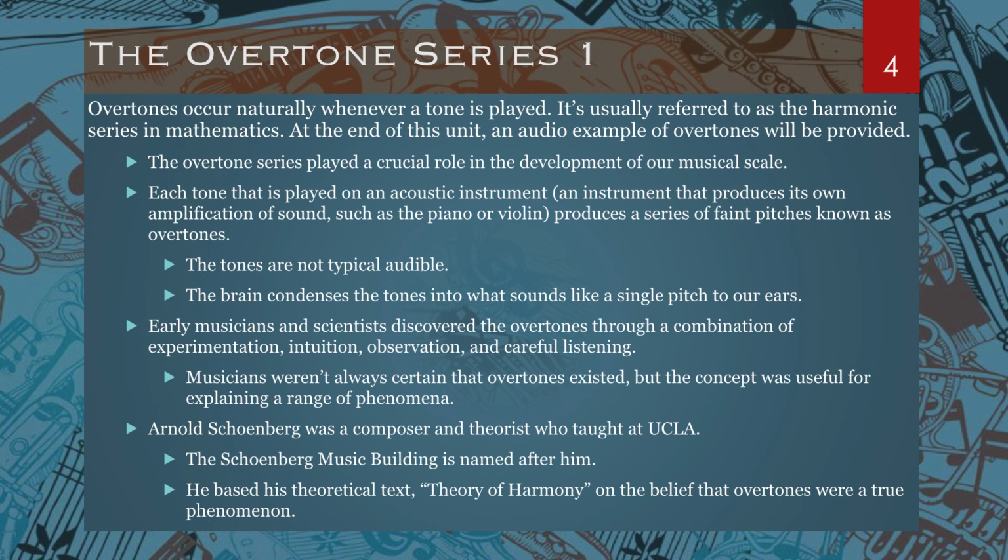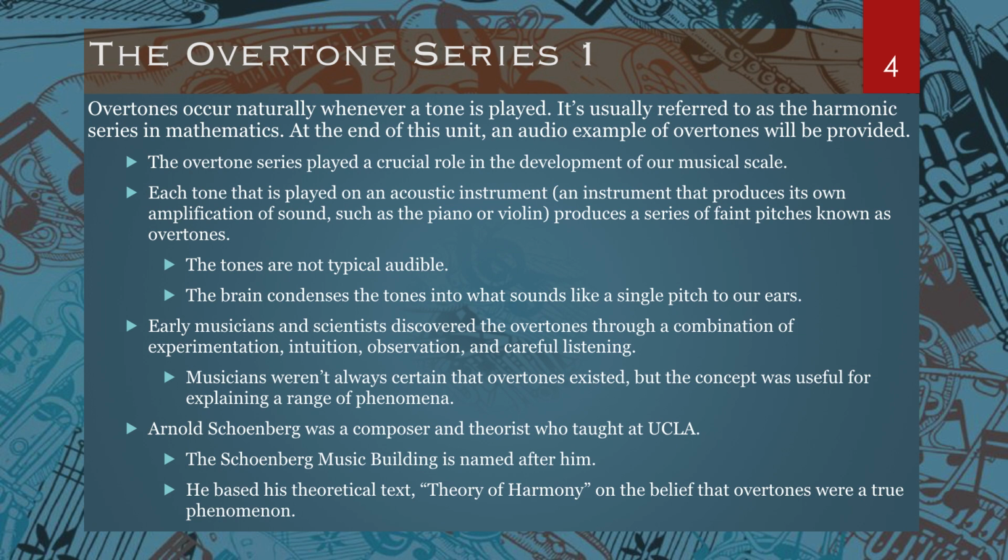Arnold Schoenberg was a composer and theorist who taught at UCLA, and the Schoenberg Music Building is actually named after him. He based his theoretical text, The Theory of Harmony, on the belief that overtones were a true phenomenon. So in the very beginning of his book, he discusses overtones and how they're useful for explaining why the Western world arrived at the major and minor scales that we have today.